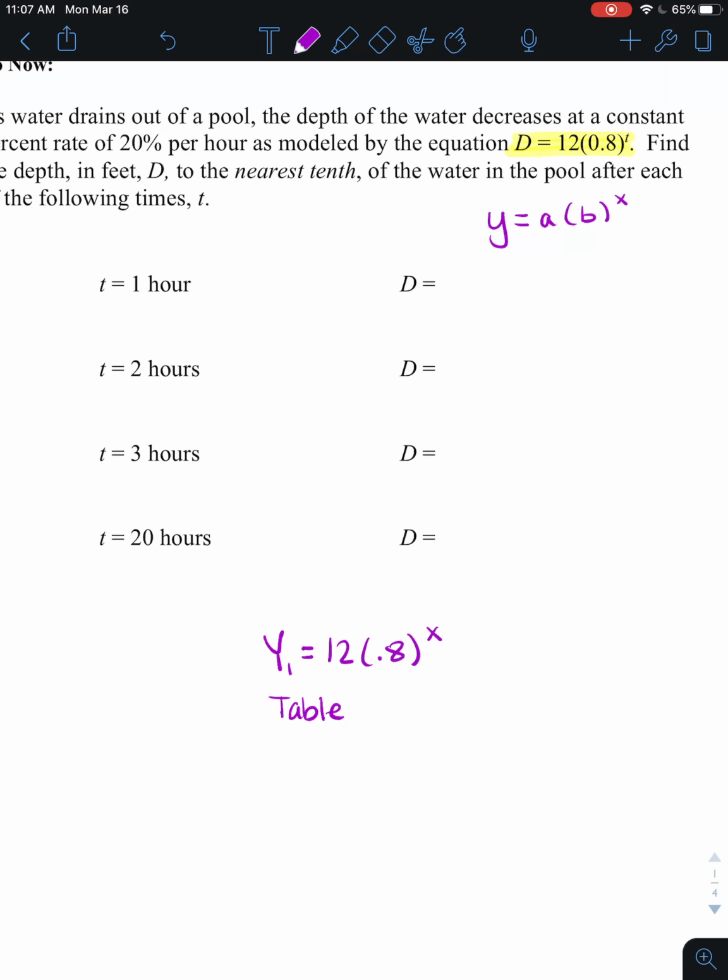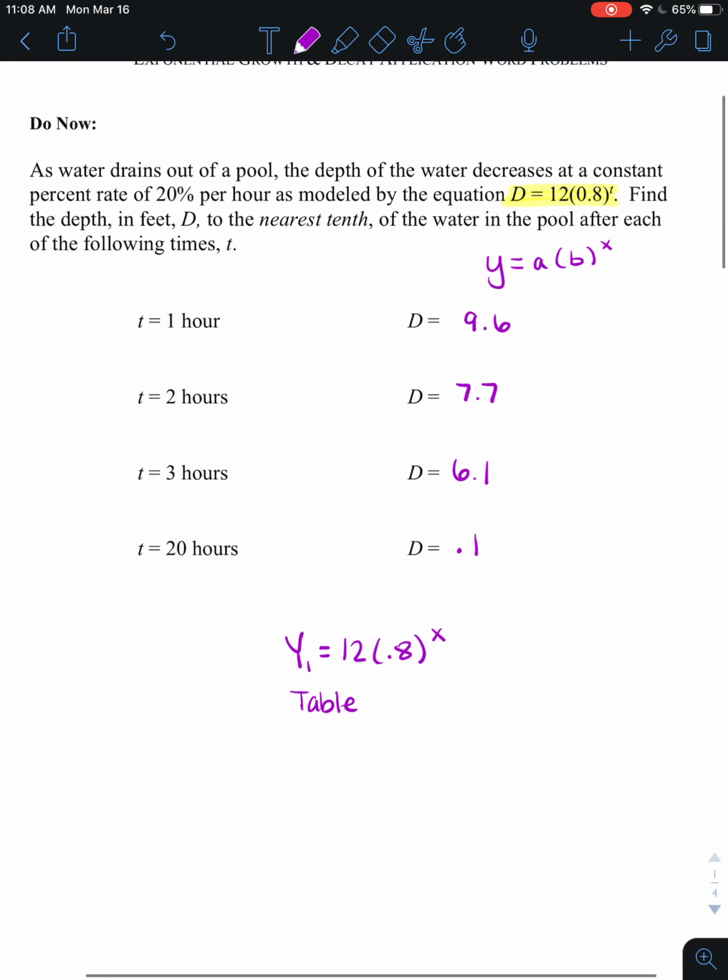So you should be getting values for y, which in this case is my D, my depth, of 9.6, which means after 1 hour, we go from a depth of 12 feet initially to 9.6 feet, then down to 7.7 feet after 2 hours, 6.1 feet after 3 hours, and then only 0.1 or a tenth of a foot after 20 hours. So the pool is almost empty at that point.